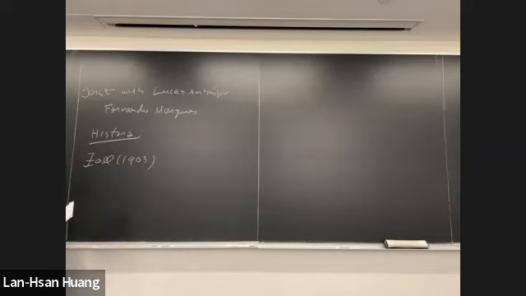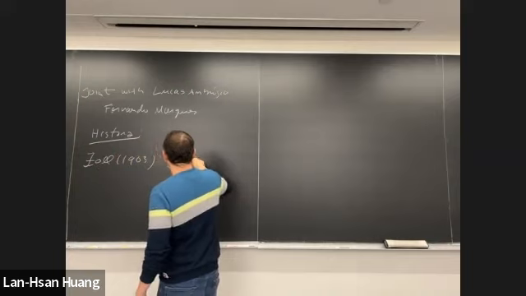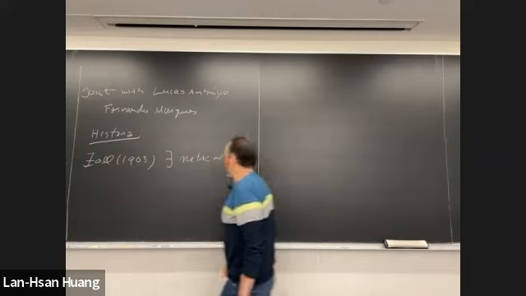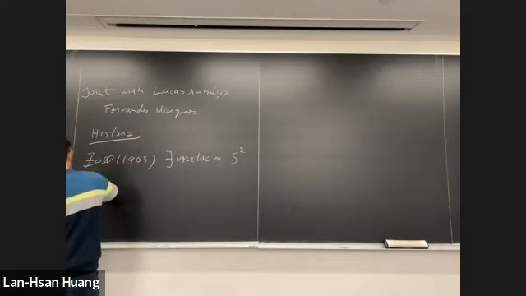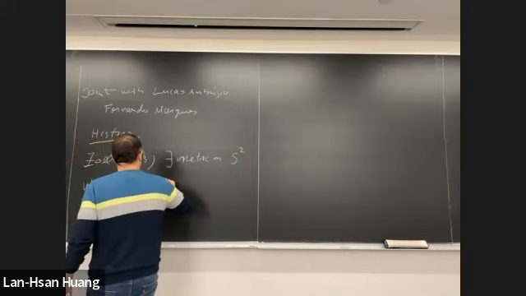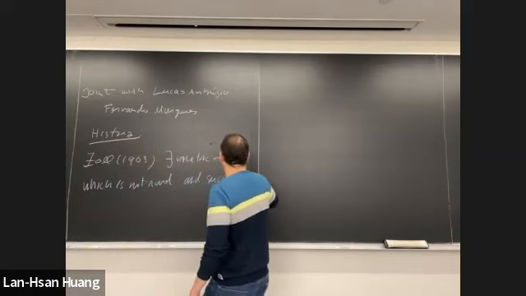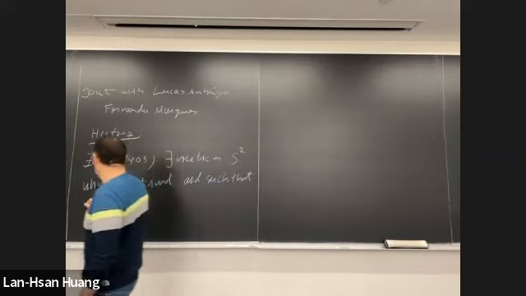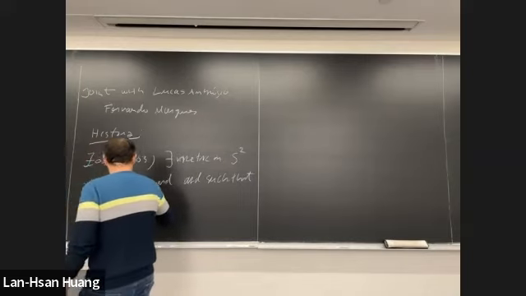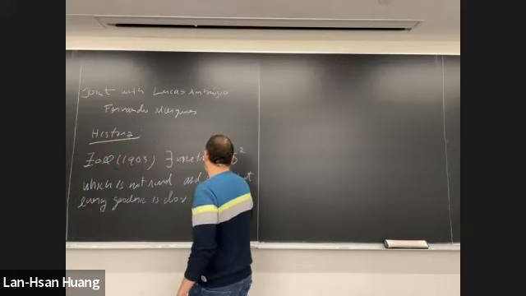Zoll was a Hilbert student, and he found a metric on the two-sphere which is not round, and such that every geodesic is closed with length 2 pi.